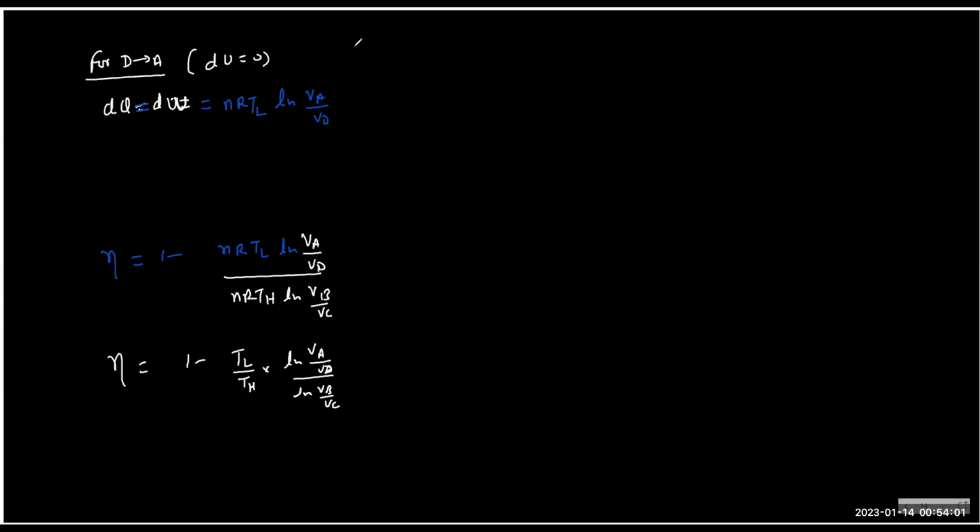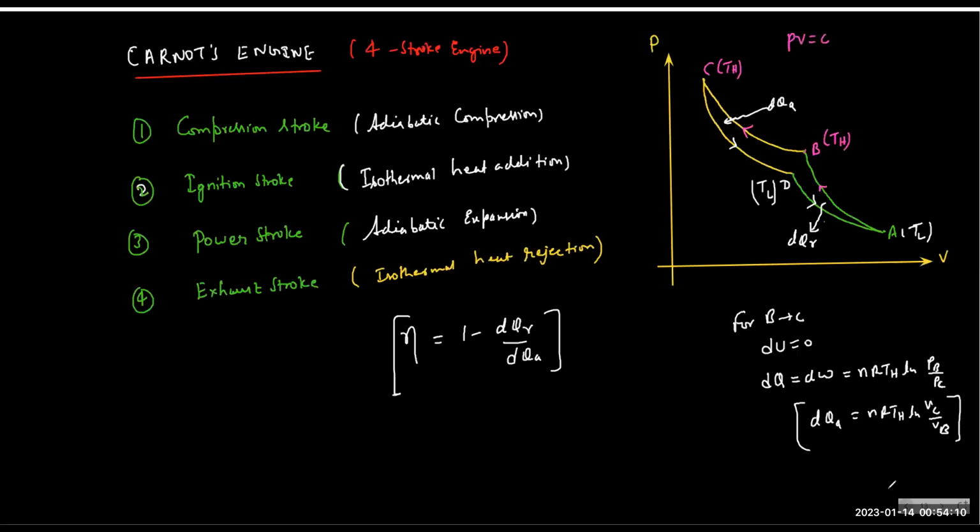Where A and D appear, look at the adiabatic process. In the adiabatic process, we can write T V^(gamma minus 1) equals constant, right? So from A to B, what we can write?